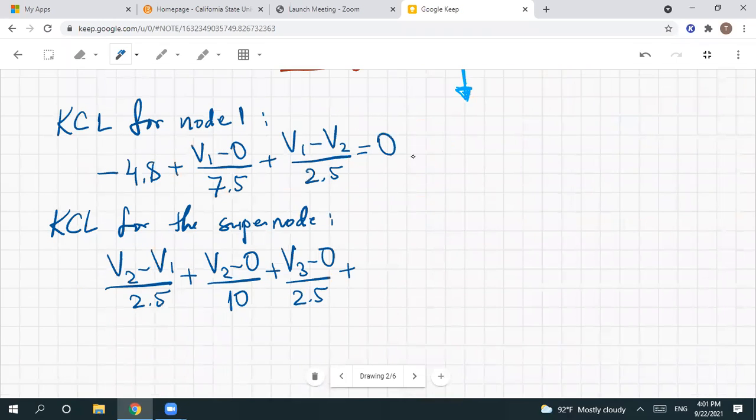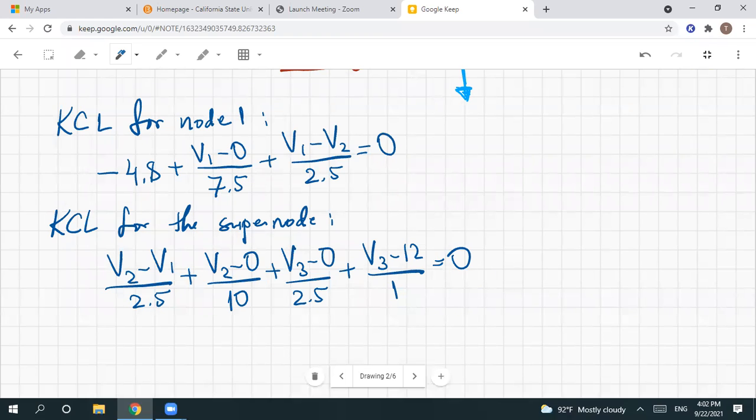So it will be V3 minus 12 over 1, and this will be equal to 0. So we have V2 minus V1 over 2.5 plus V2 over 10 plus V3 over 2.5 plus V3 minus 12 over 1, and this is equal to 0.